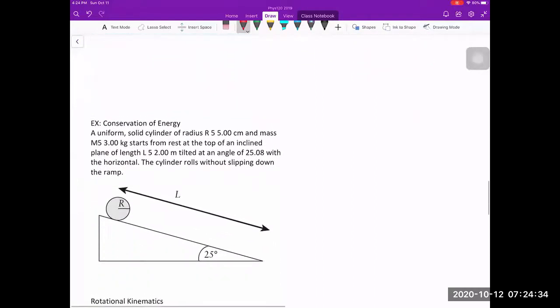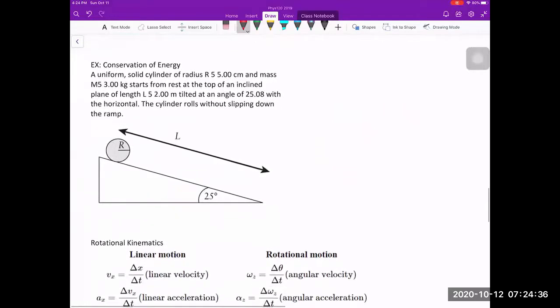That's one example to show you how to use the conservation of energy to do a calculation with an object that has two different kinds of motion together.